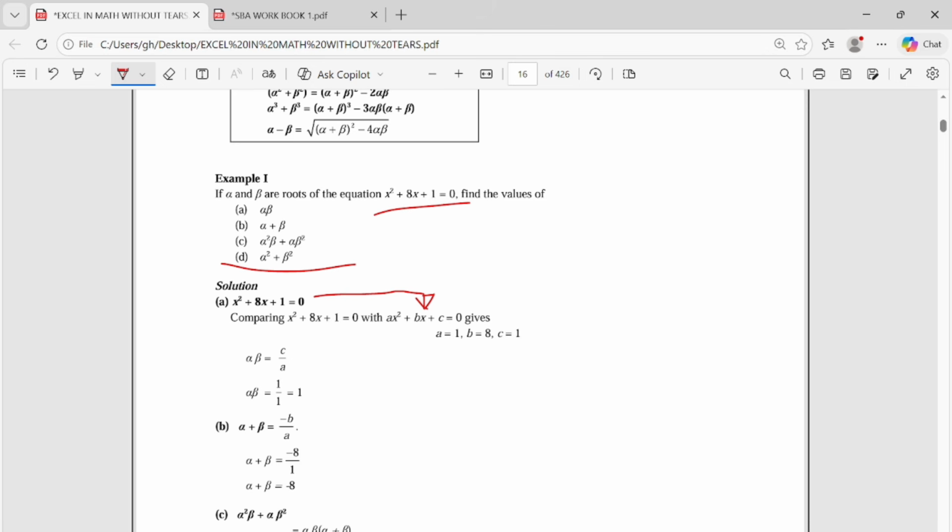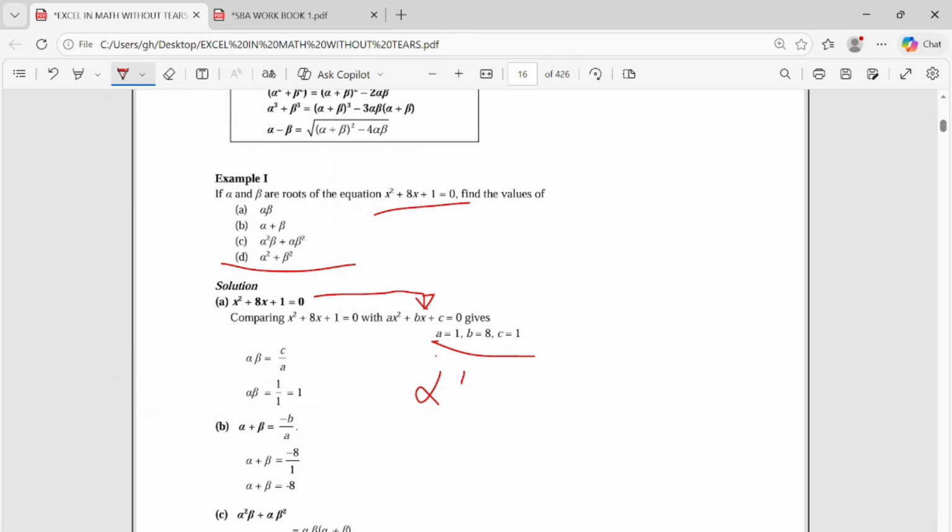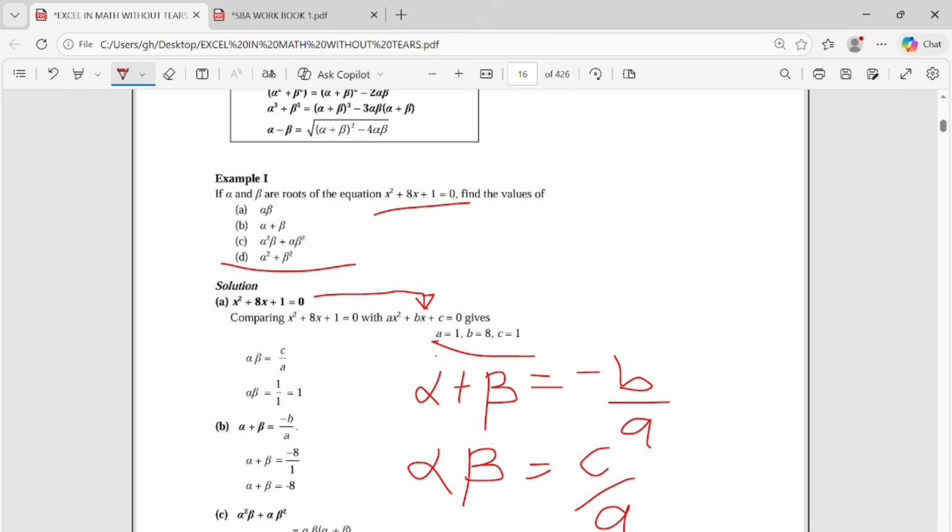And after doing that, you just need to remember that alpha plus beta is equal to negative b out of a, and then alpha times beta is equal to c out of a. So those are the key notes that we need to remember.